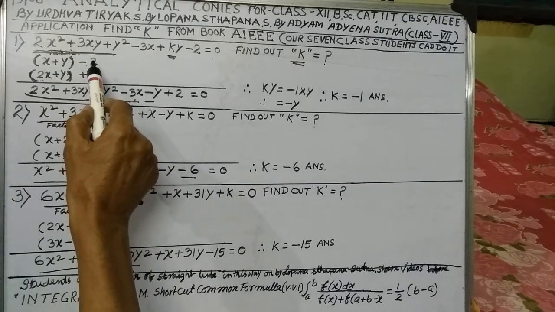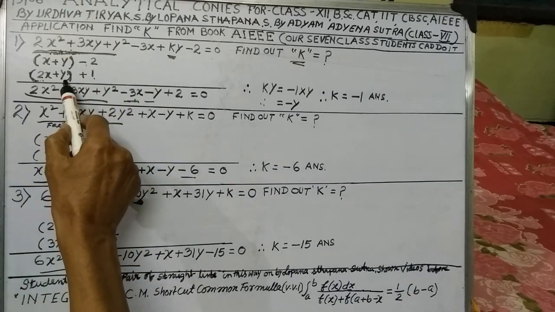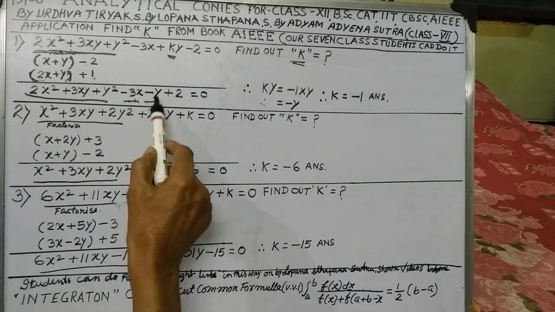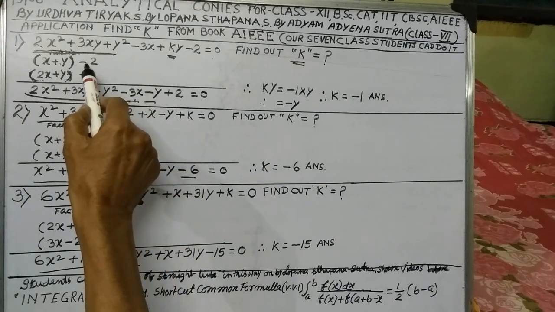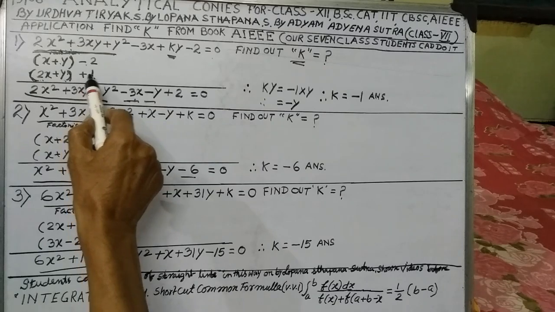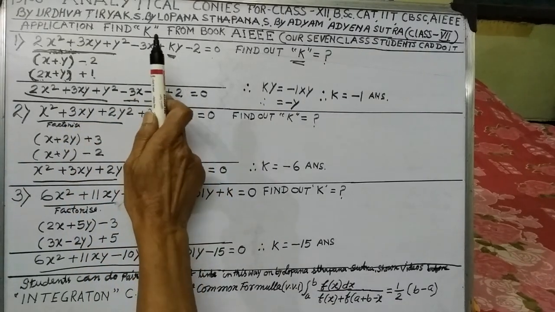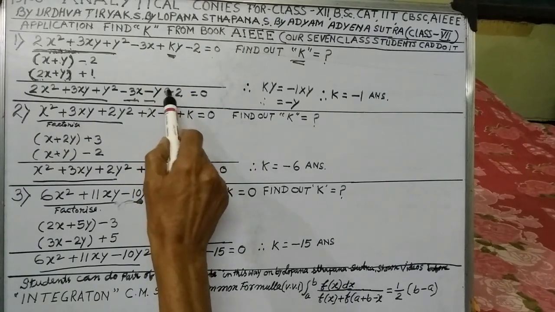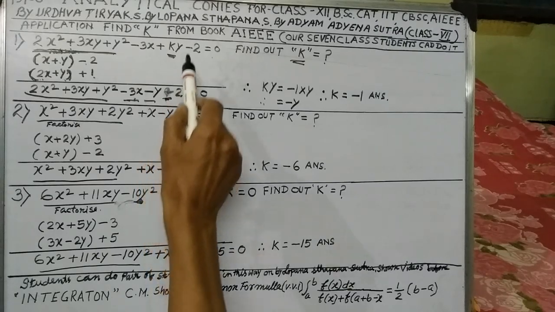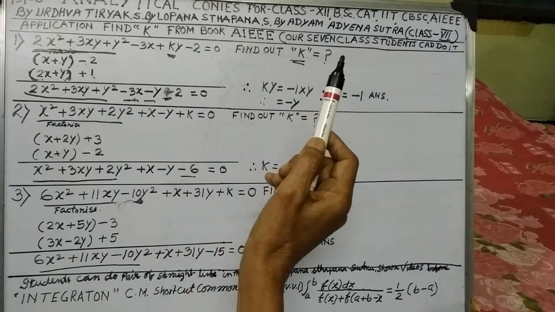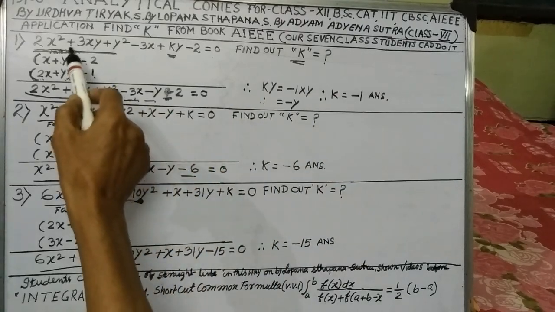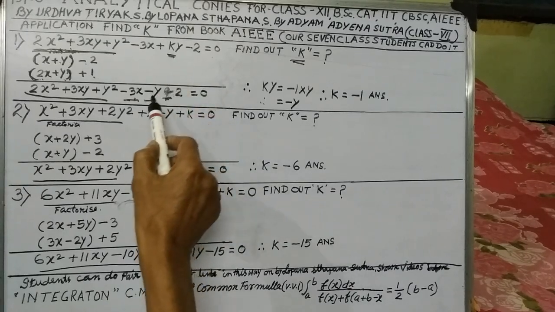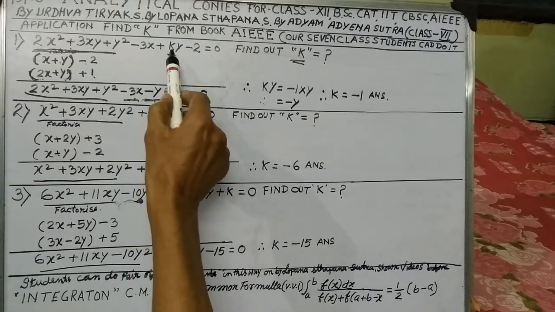And now y is equal to -2x plus x is equal to -x, and -2 into +1 is equal to -2. Here it is -2, so as per our math it is almost correct, but here it is -1.